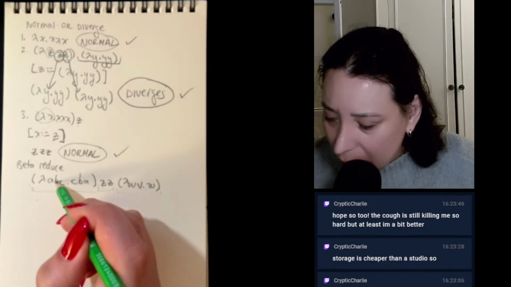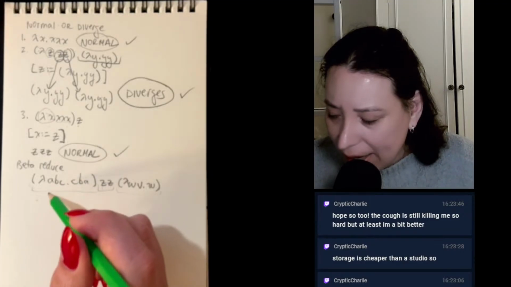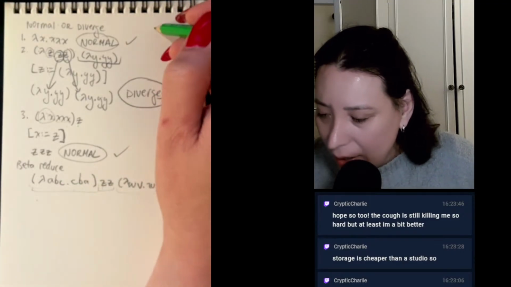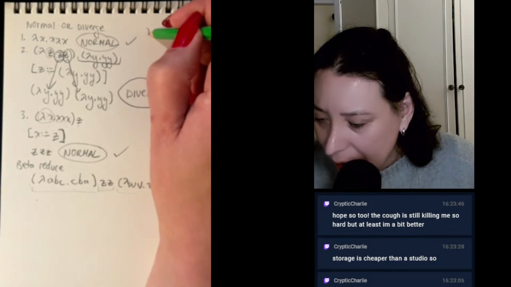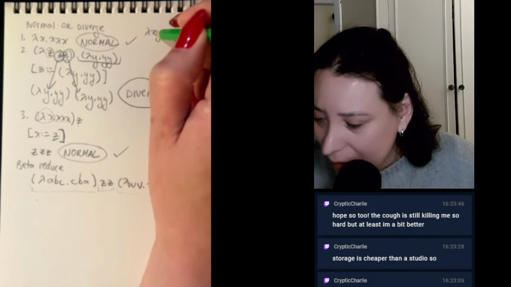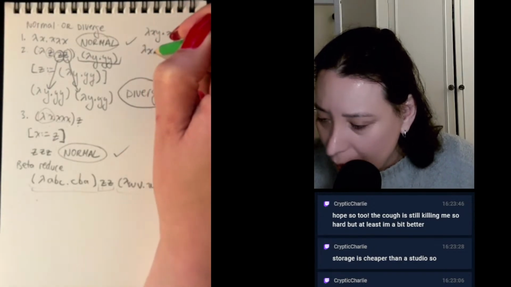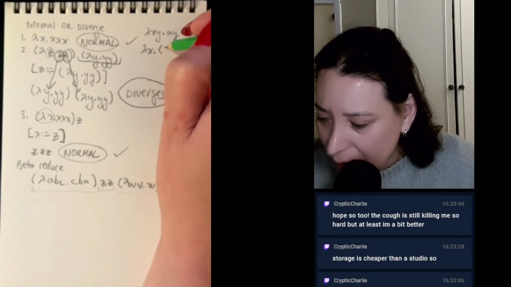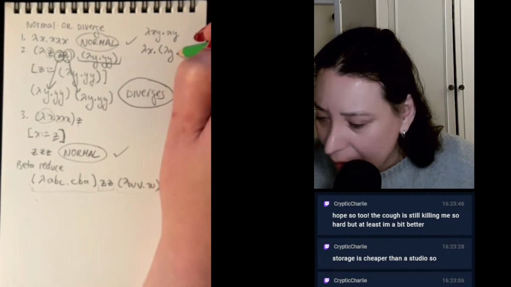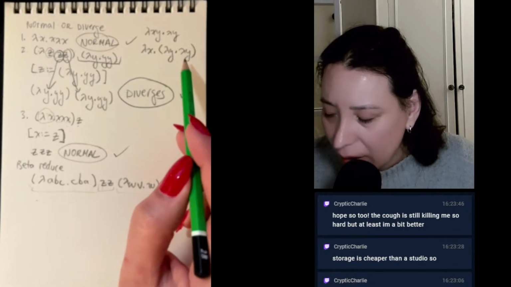So with ABC, whenever you have multiple parameters in the head, you can basically reduce it like x, y. x, y is the same thing as saying it's a function x that takes in another function y. So each of them just has one parameter.